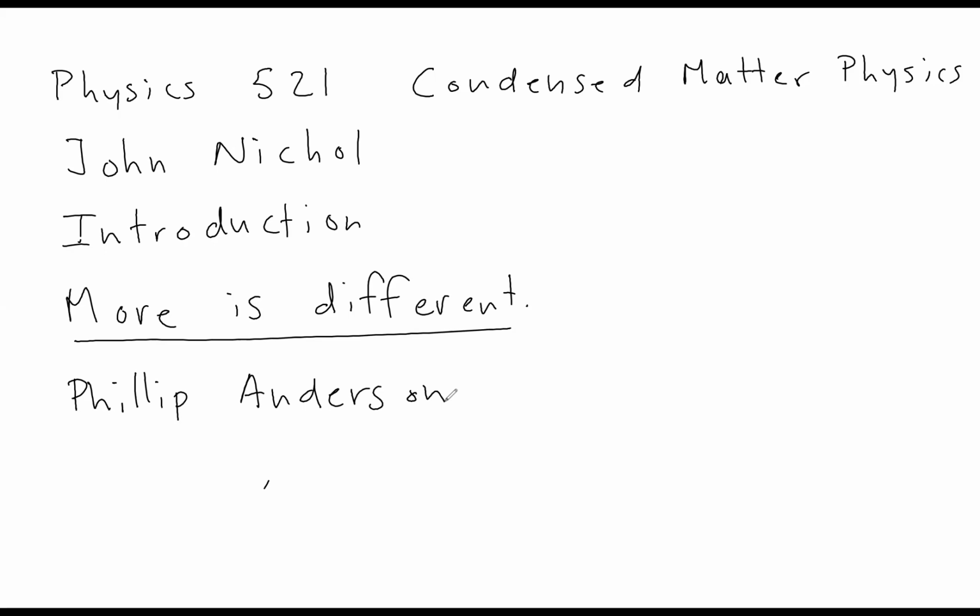So why is this a good phrase to think about condensed matter physics? Well, condensed matter physics, or solid state physics, as it used to be called, really deals with the properties of very large numbers of particles. Although you and I understand what happens to individual atoms quite well based on the theory of quantum mechanics, it's very difficult for us to understand in any kind of precise or completely accurate way what happens when we have 10 to the 23 interacting particles in the same place.